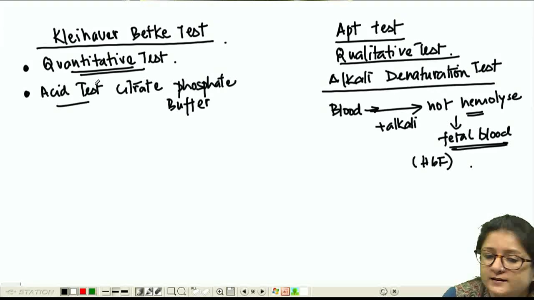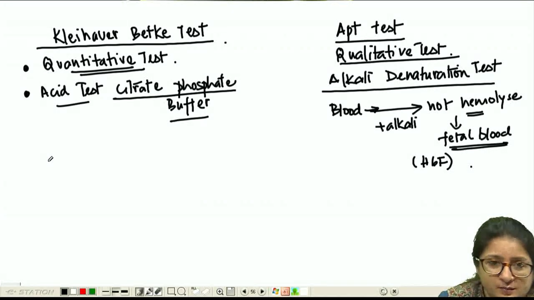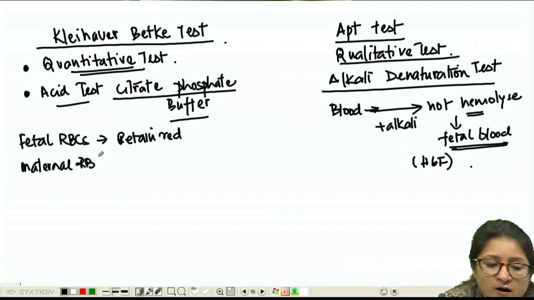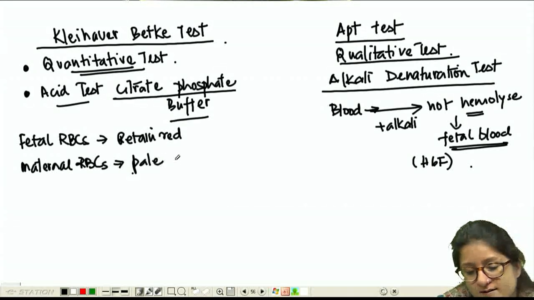On the other hand, in the Kleihauer-Betke test, we use the acid citrate phosphate buffer, we prepare slides, and we actually count the RBCs. The fetal RBCs will retain their red color, and the maternal RBCs, on the other hand, are not resistant to acid, and they will become pale ghost cells, right?